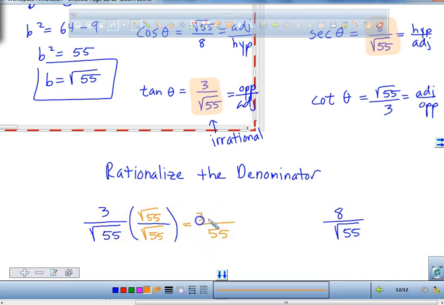The numerator would be 3 times the square root of 55. That's your answer that you would put for the tangent. So the final answer for the tangent of theta is technically 3 radical 55 over 55. This is what's called something that has been simplified correctly.